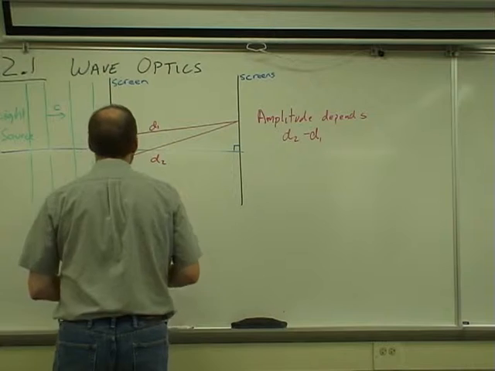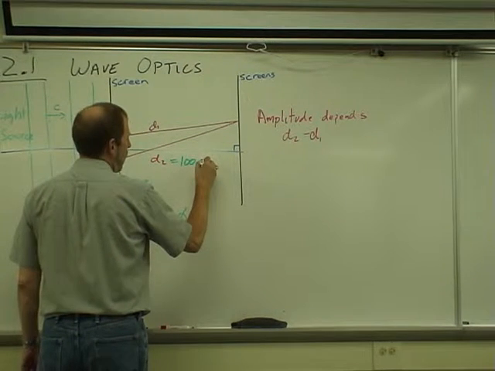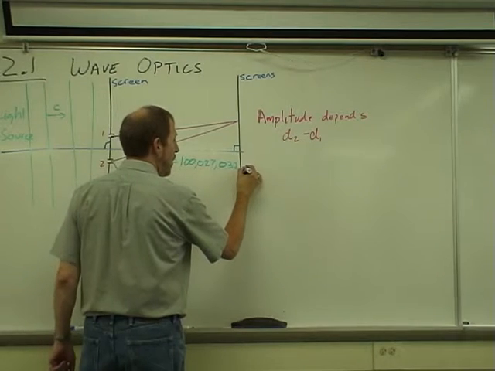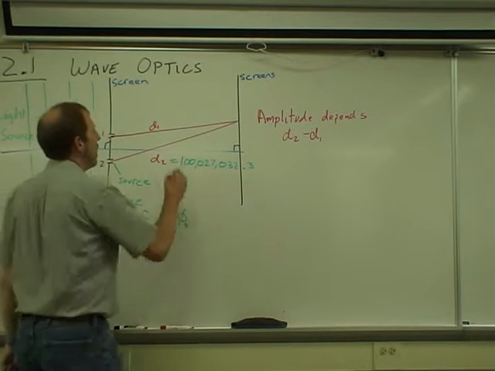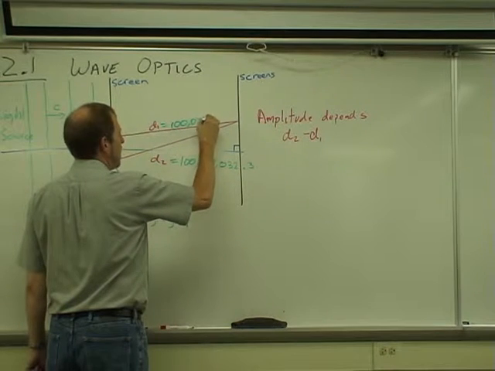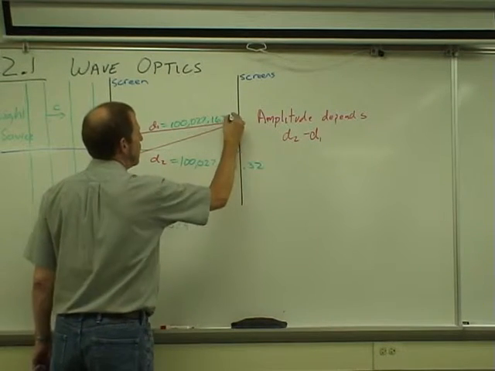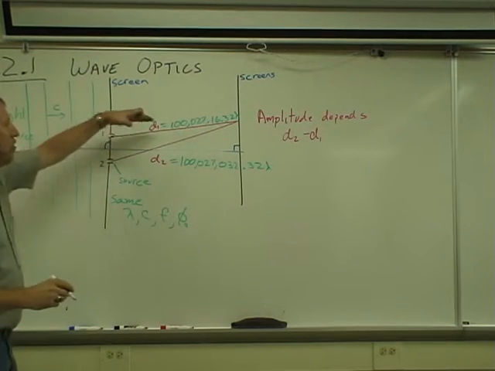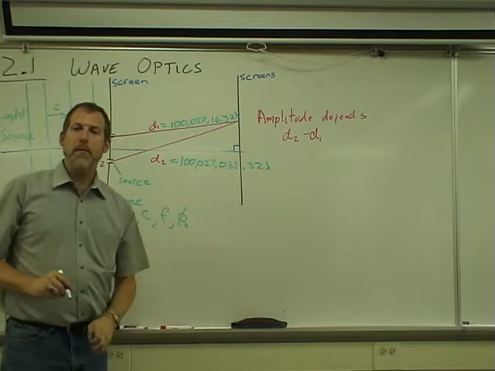For example, if the light was able to go 100,027,032.3 wavelengths from the hole to the screen, and this wave was able to go 100,027,016.3, let's say, 0.32 wavelengths from this hole to the screen, the only thing that would be important is the fact that that 0.32 was the same in both cases.